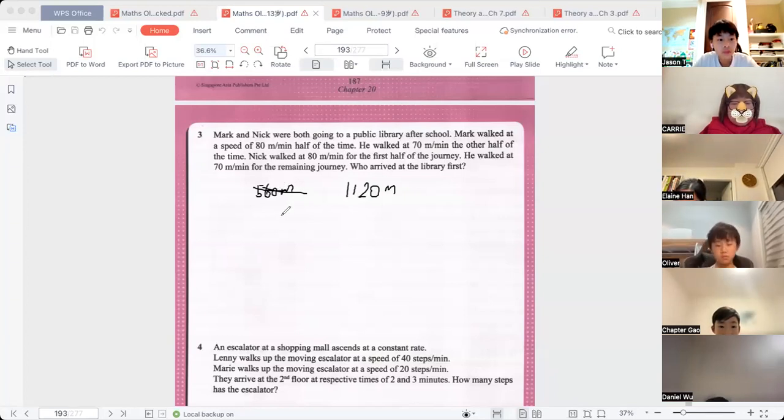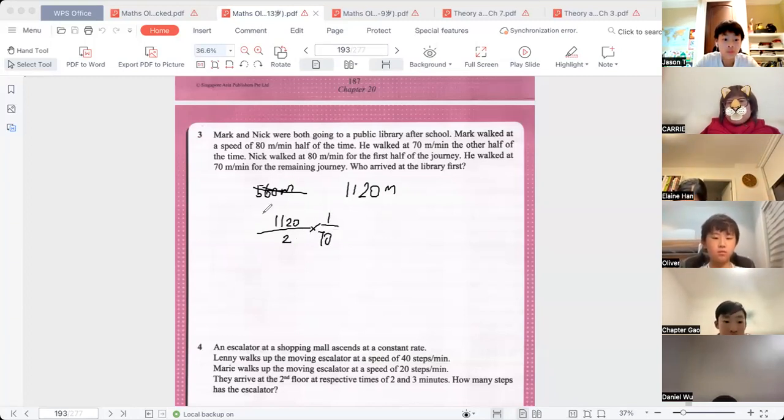Okay, so time taken by Nick is 1120 divided by 2, times 1/70. 我们写的更清楚一点, 1120 divided by 2 divided by 70, right?